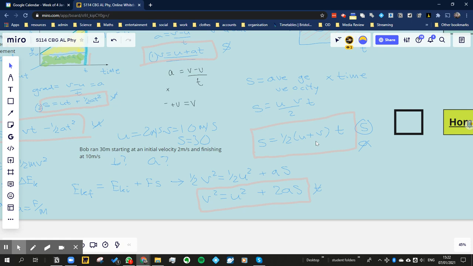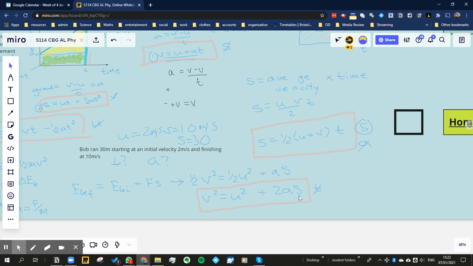I may have to rearrange it, but that's the equation I use because for the first question, the only thing that I don't need to know and I'm not given is acceleration. So it's the equation without acceleration that I want. For the second one, I do want acceleration, and let's say that I didn't need to know time, then I would need to use this equation down here.